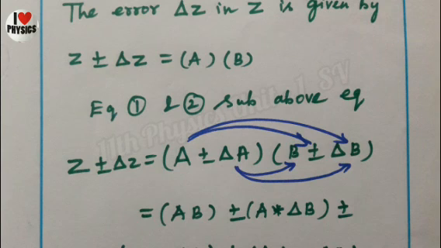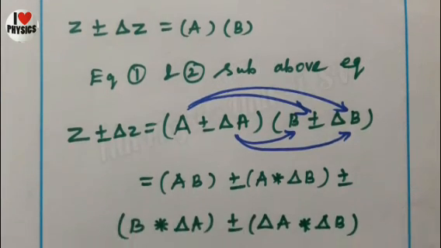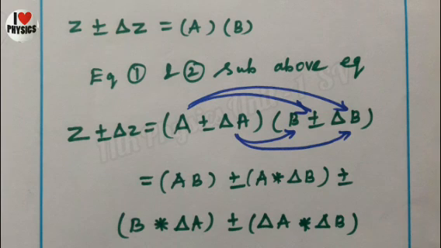So equations number 1 and 2 are substituted in the above equation. Z plus or minus del Z equals A plus or minus del A into B plus or minus del B. This is the (a plus b) into (c plus d) method.